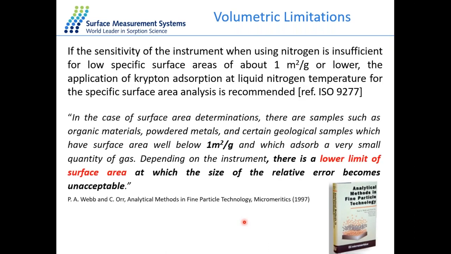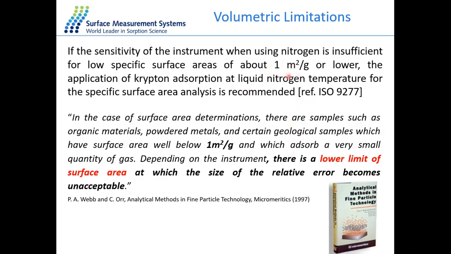So although by far the most widely used technique is a volumetric technique using either nitrogen or, for very low surface area materials, using krypton, it does have some limitations. Number one, if you're using nitrogen, typically about 1 meter squared per gram. Below that, you can certainly get information and values, but the error margins tend to increase.